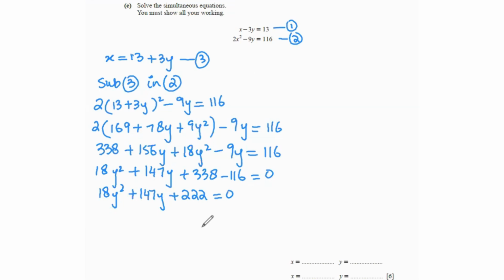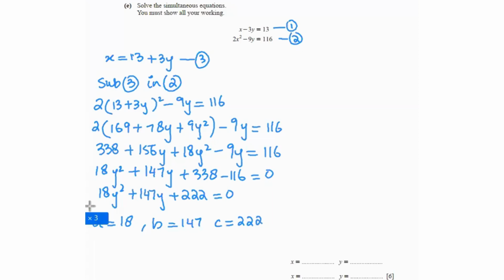You can clearly see that we can't solve it by splitting the middle term, so it's easier to just go for the quadratic formula. For the quadratic formula, what we need is the a, b, and c values. a is the coefficient of y squared, which is 18. b is the coefficient of y, which is 147. And c is your constant, which is 222.